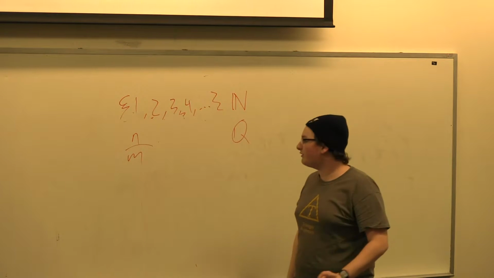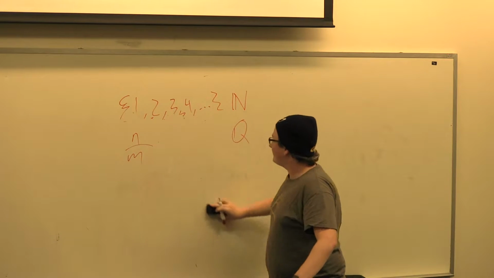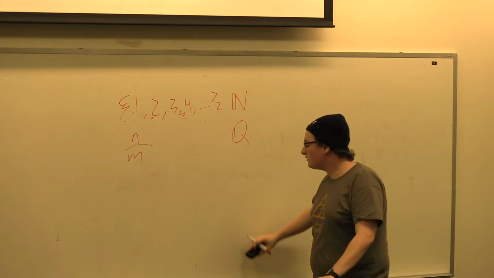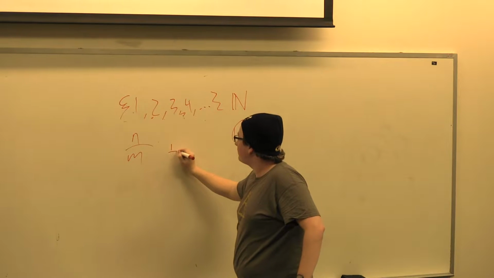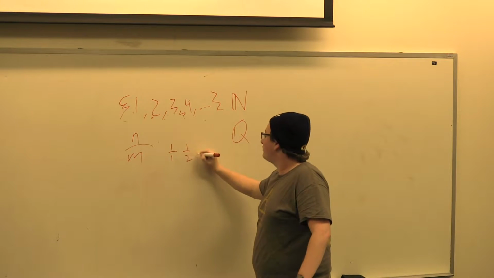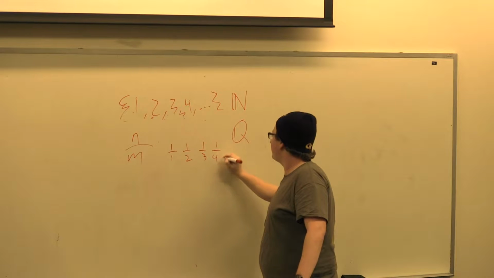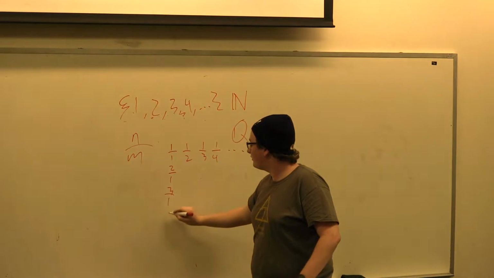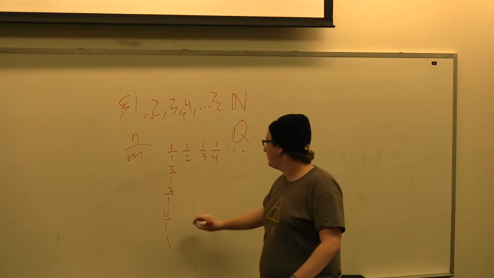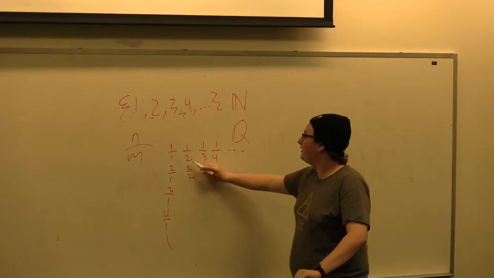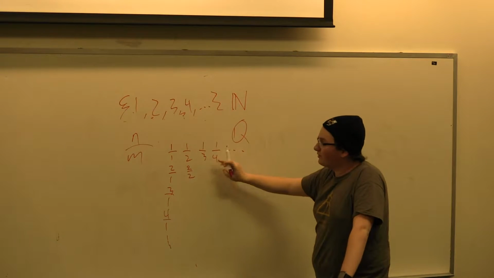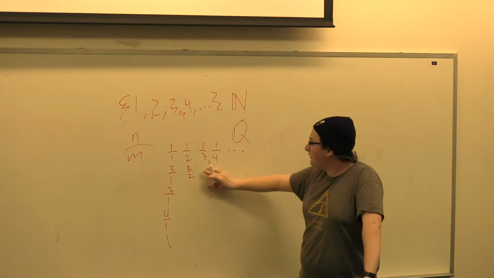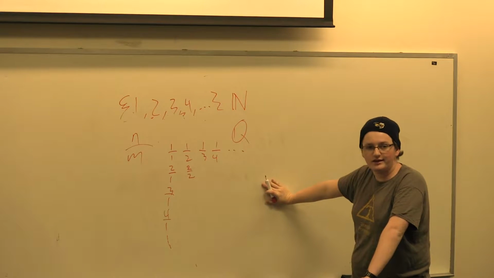So instead of writing them out in a set like this, I'm going to write them out sort of as a matrix, like this: 1 over 1, 1 over 2, 1 over 3, 1 over 4, and then 2 over 1, 3 over 1, 4 over 1. And so the numerator is dependent upon the row and the denominator is dependent upon the column. And it's pretty obvious that all the natural numbers are going to be taken into account.